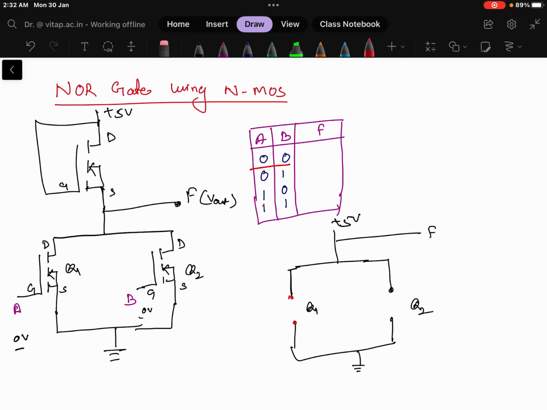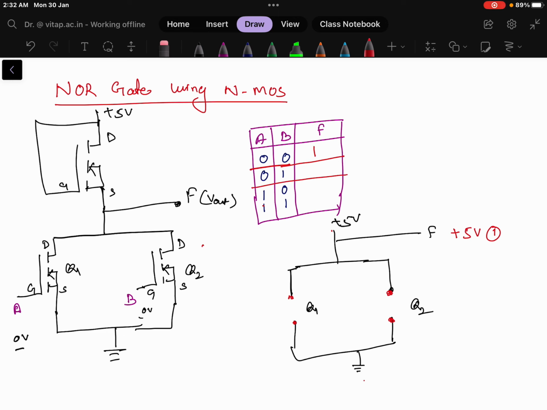So gate is again 0 voltage, no channel is created, and drain to source behaves as an open circuit. Now you see the plus 5 volt is given here and there is no short circuit path to reach the ground. So in this case we will get plus 5 volt, that means logic 1. So for 0 0 input we are getting the logic value as 1.